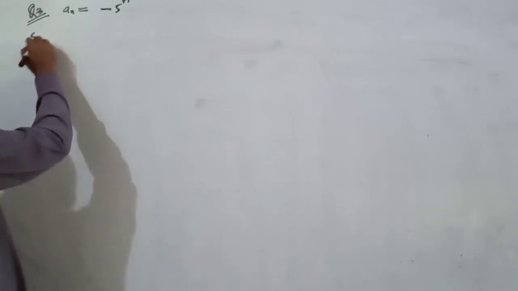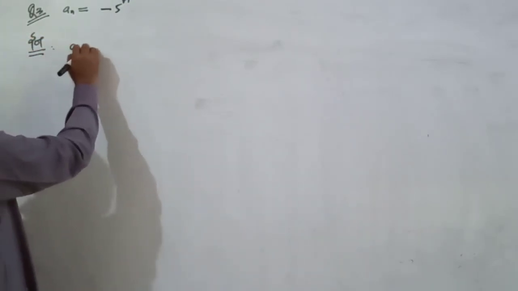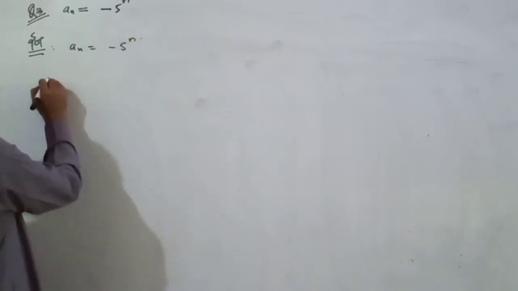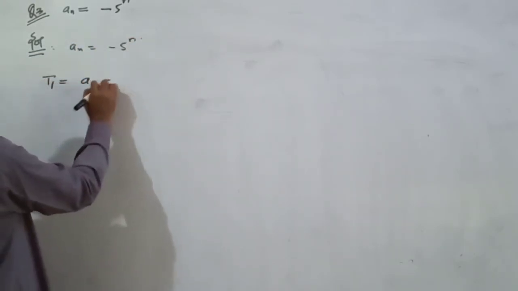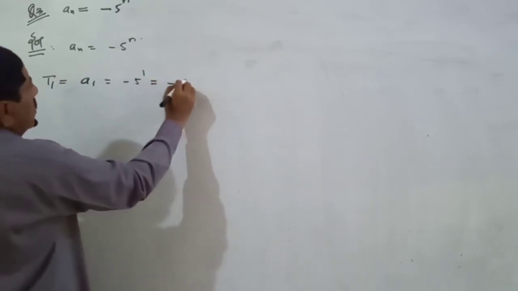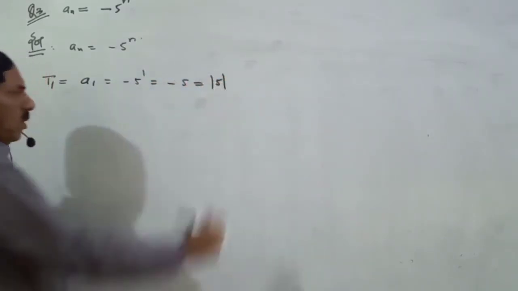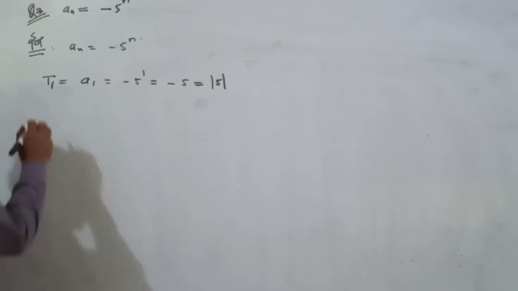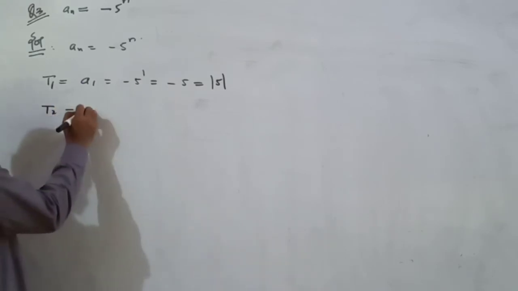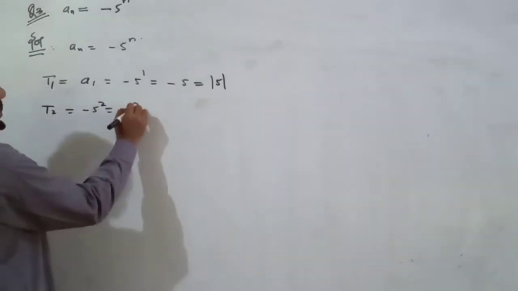Solution or proof. An is equal to minus 5 power n. Term 1 is a1 is equal to minus 5 power 1 is equal to minus 5, also can be written as absolute value 5. T2 is equal to minus 5 power 2 is equal to minus 25.